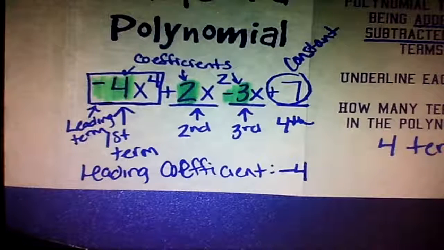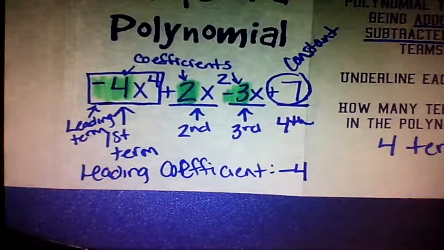Okay. And every polynomial is labeled by degree. It's always the degree of your leading term. What's the degree of my leading term? What is a degree? It's your exponent on your leading term. So 4. So the degree of this polynomial is 4.